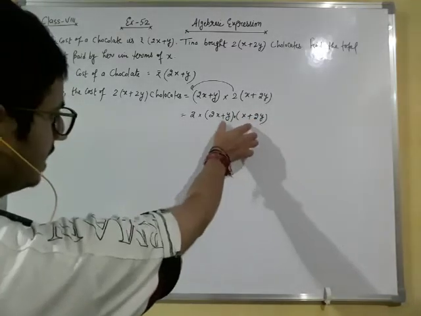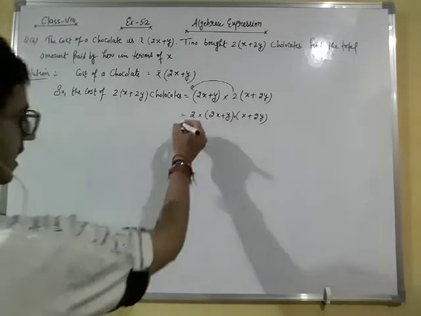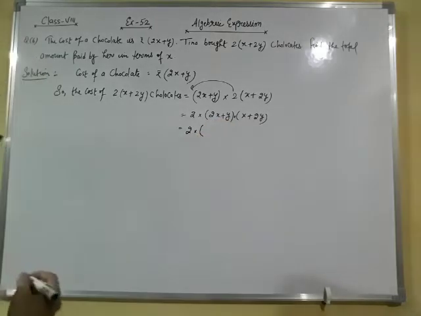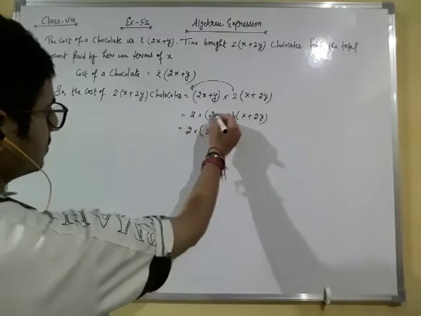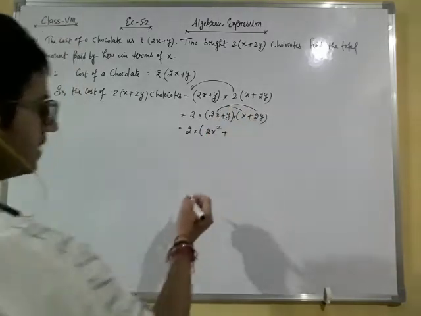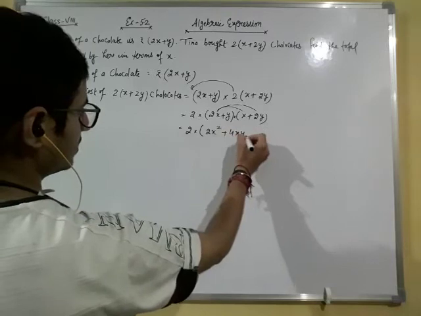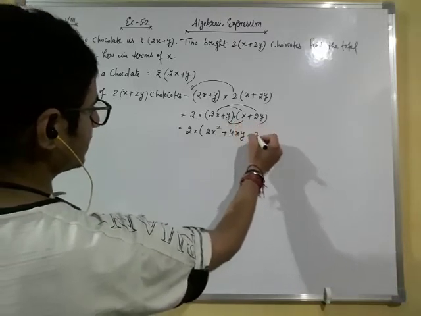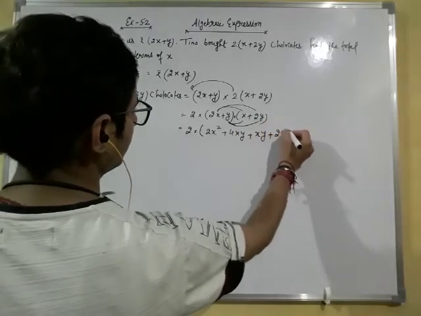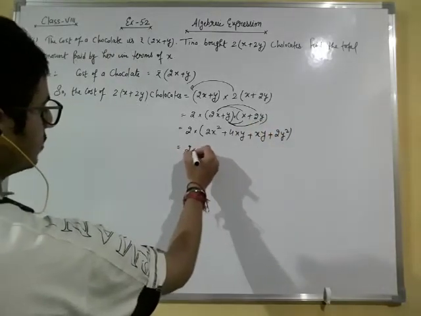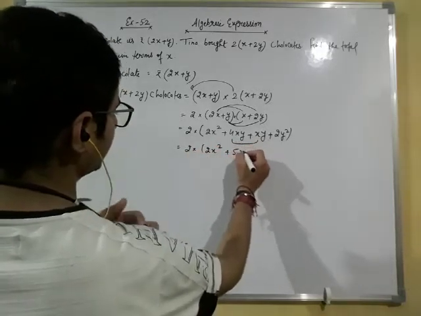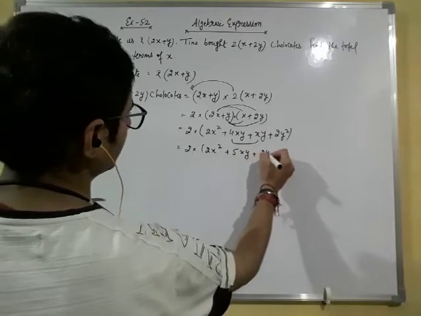Now we have two binomials to be multiplied to get the final answer. I am doing it in short now. 2x will multiply by x, 2x square, plus 2x will multiply by 2y, 4xy, plus y will multiply by x, xy, plus y will multiply by 2y, 2y square. 2 into 2x square, 4 plus 1, 5xy, plus 2y square.